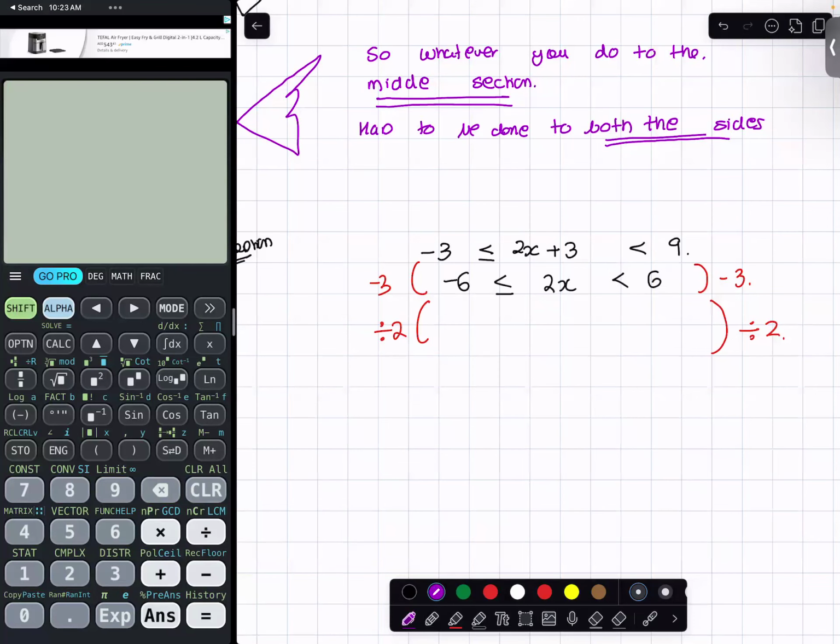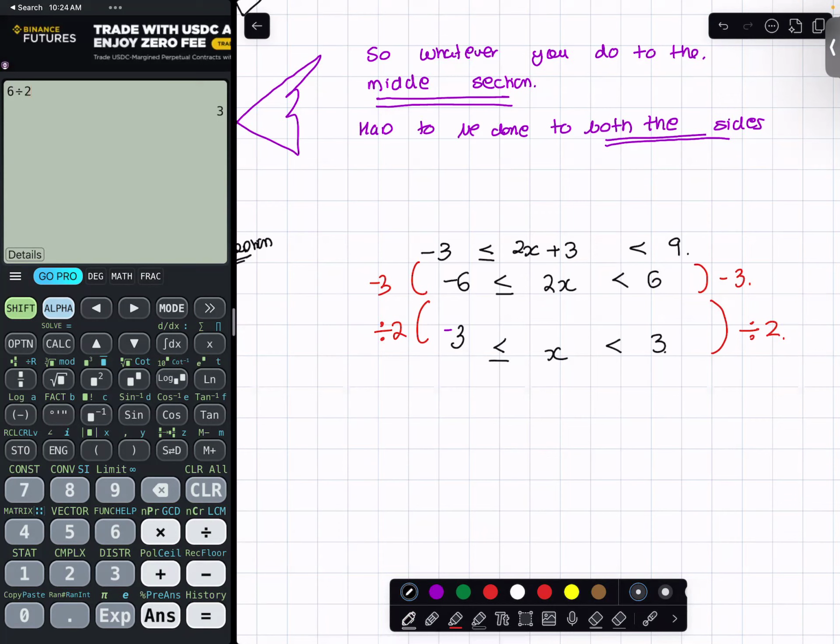Since I'm dividing by 2, 6 divided by 2 gives me 3, so I will have minus 3 over here. Minus 3 is less than or equal to x is less than or equal to 3. So I have solved the equation involving two inequality signs.